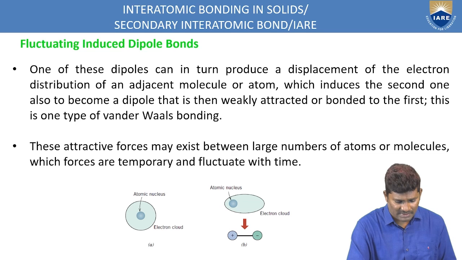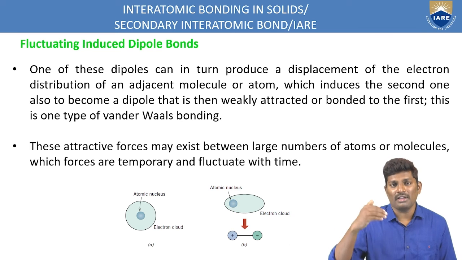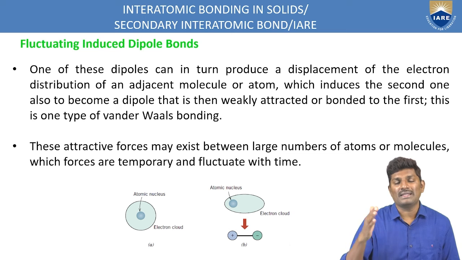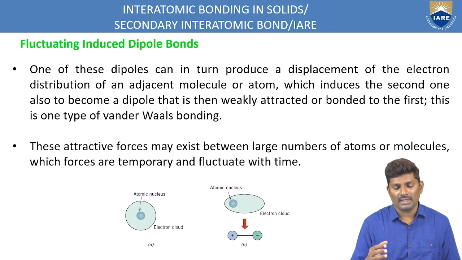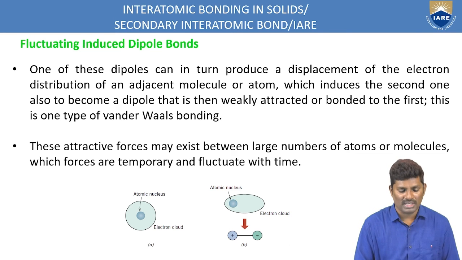So, as we discussed, one of these dipoles can in turn produce some displacement. There is a change in position from one position to another. Because of that vibration, there is a change in the displacement. So because of the displacement, what is happening? The other atom is trying to attract, but because of the change in position, it is unable to make contact. It is unable to get good bonding between them.